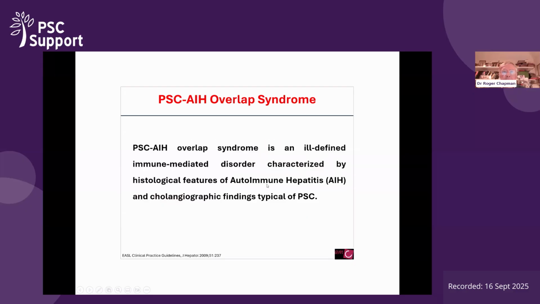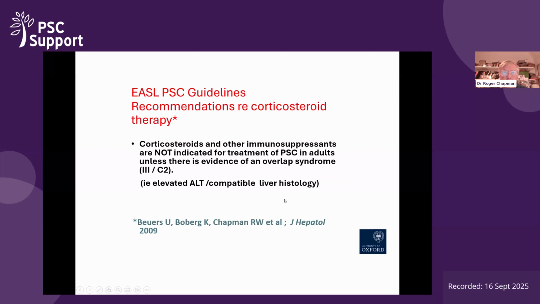And this is how we defined it. Again, a group of us got together a long time ago now, 15 years ago, and we did a case review and decided that PSC overlap syndrome is an ill-defined immune-mediated disorder characterized by the liver biopsy features of autoimmune hepatitis and the bile duct changes on cholangiography of PSC.